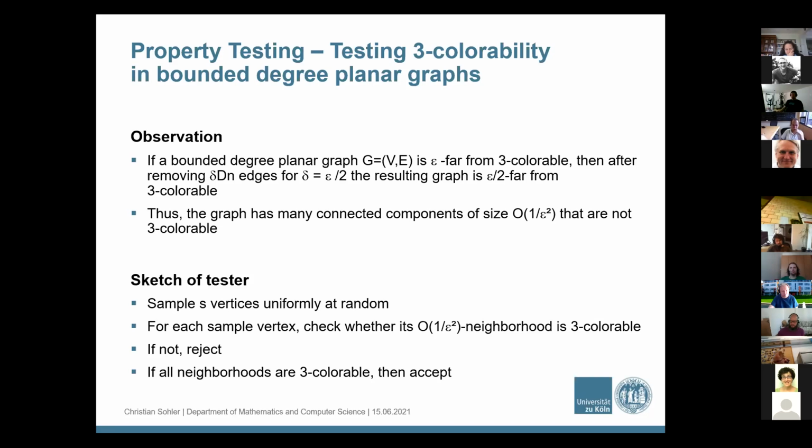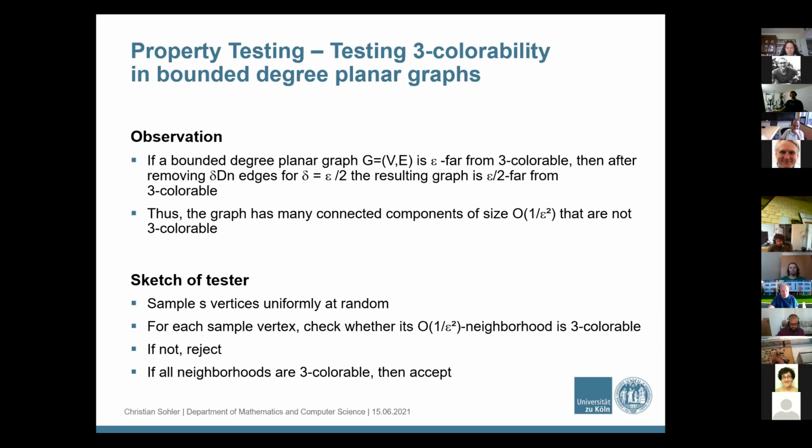This means that we can design a very simple tester for 3-colorability in the following way. We sample some vertices uniformly at random, and the hope is that one of these sample vertices lies in one of these connected components.